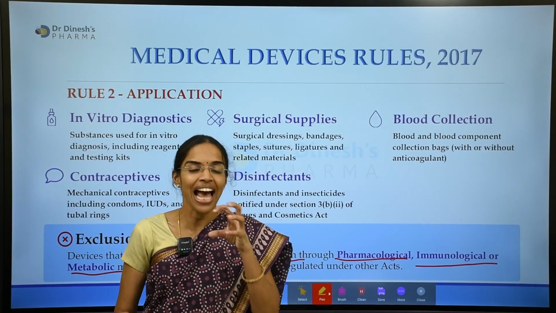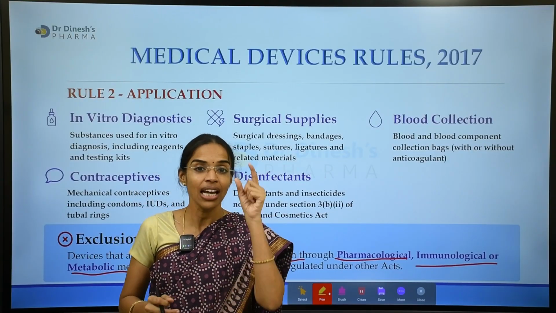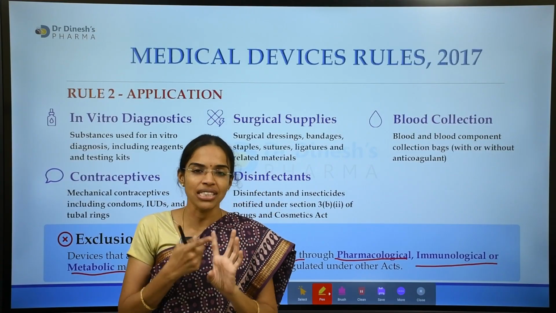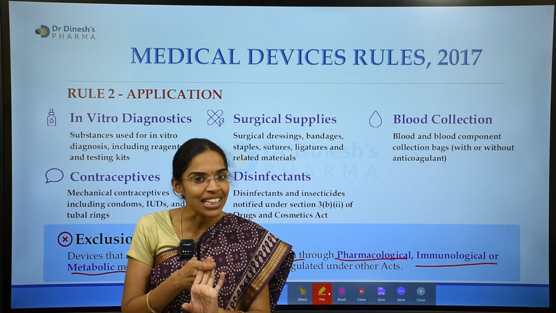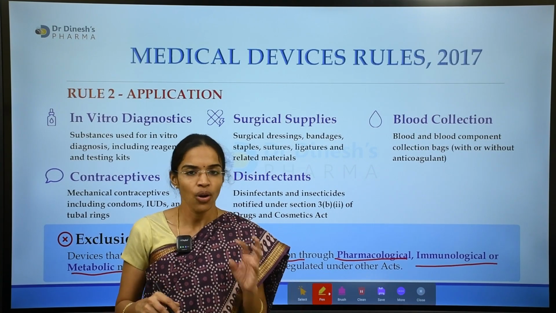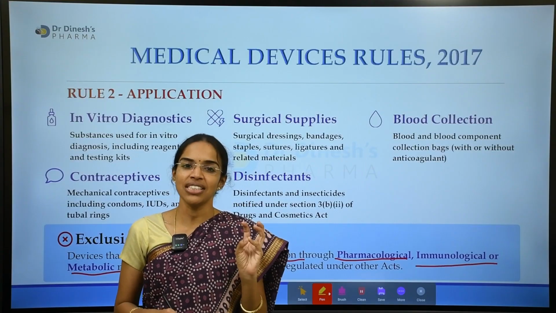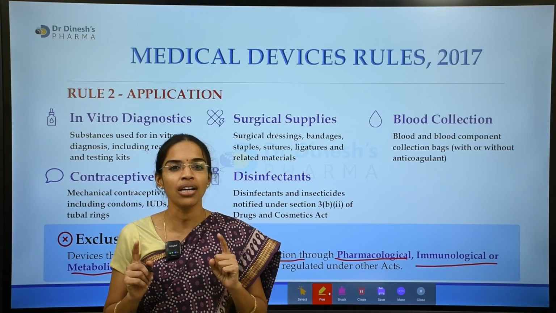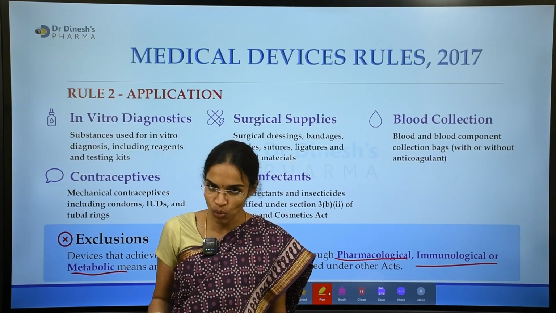Just before this we discussed that a medical device should perform its action, whether diagnosis, treatment or detection, only on a physical, structural and mechanical basis, and no chemical, pharmacological or metabolic activity should be involved.